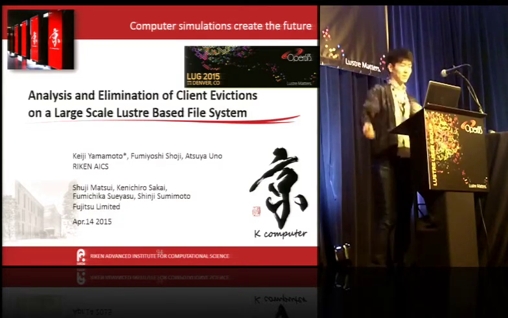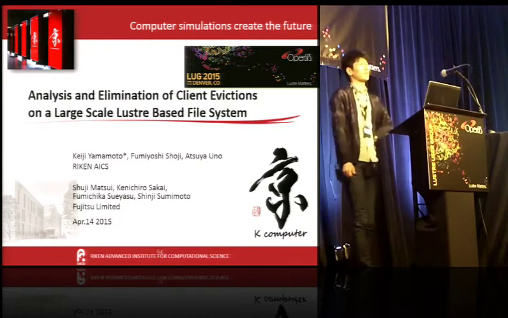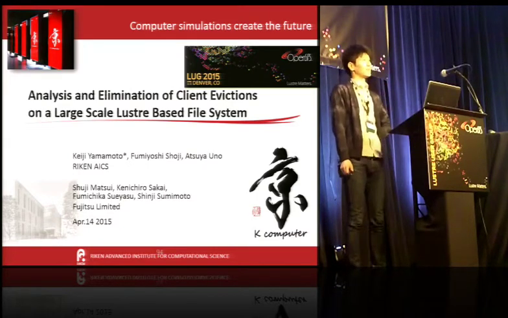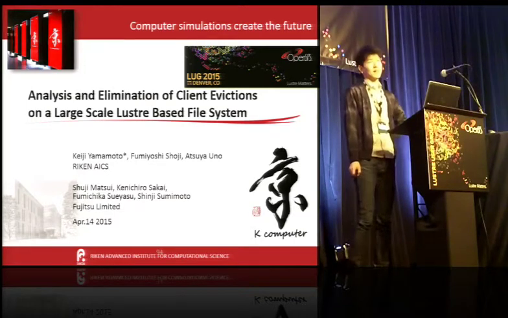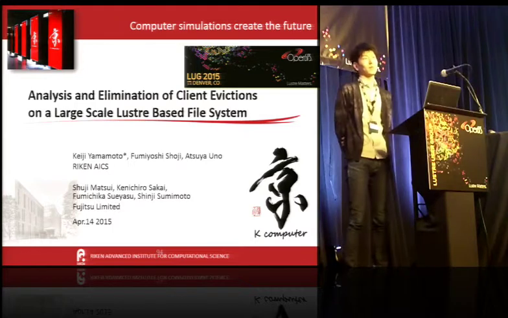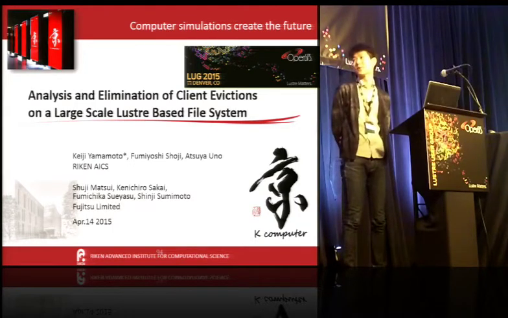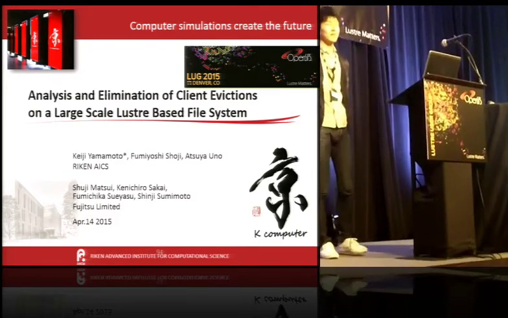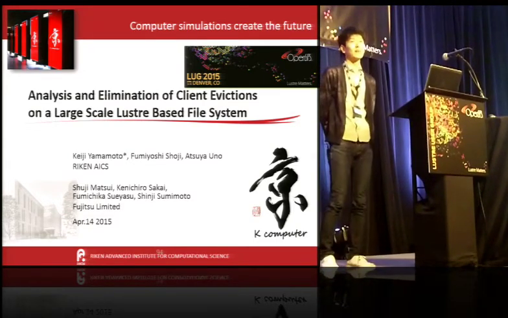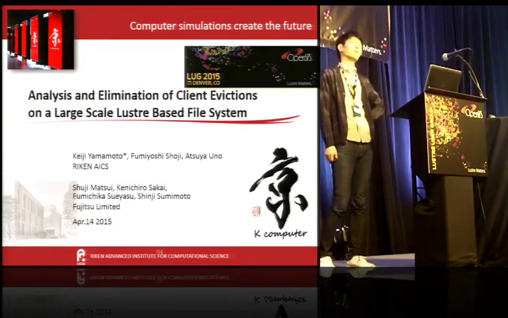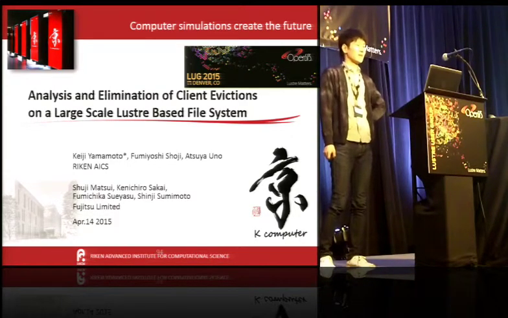Thank you for the introduction. I'm Keiji Yamamoto, and a researcher of computer science at RIKEN AICS. And RIKEN AICS has a supercomputer called K computer. K computer is the fastest supercomputer in Japan. Currently, it is number 4 in the world.